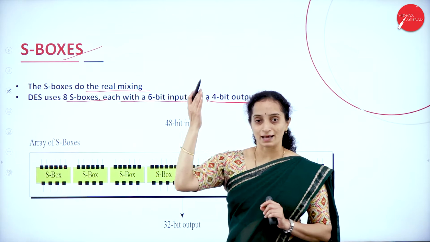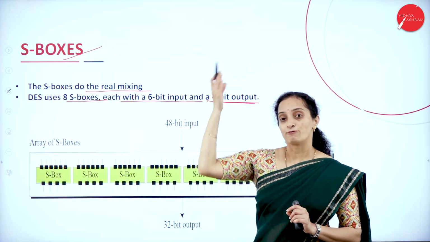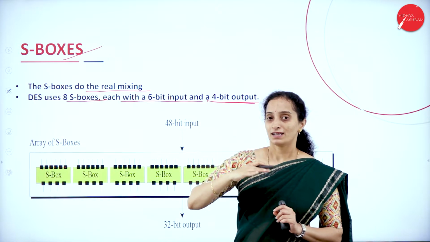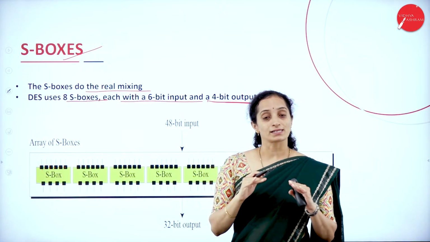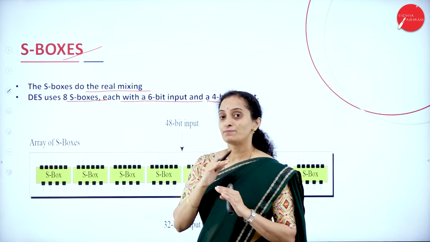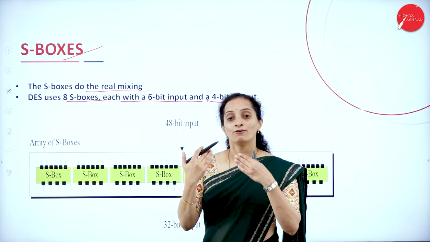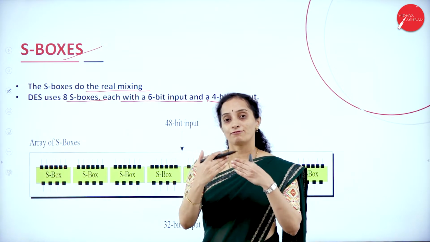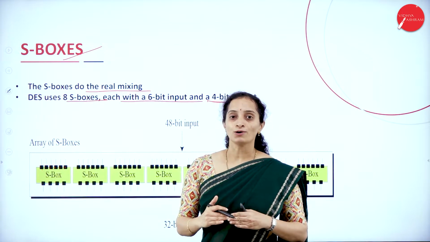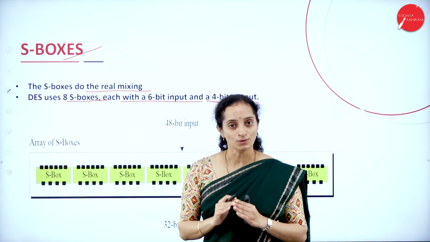In the first step, we expanded from 4-bit to 6-bit. Now, once the XOR operation is done with the key, we have to convert the 48 bits again to 32 bits.